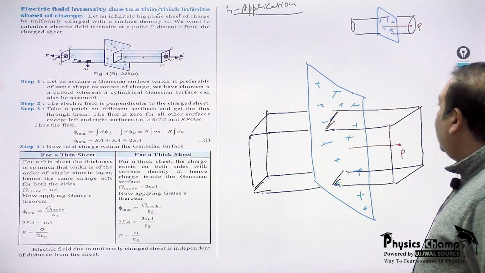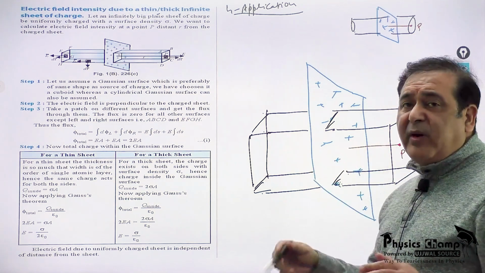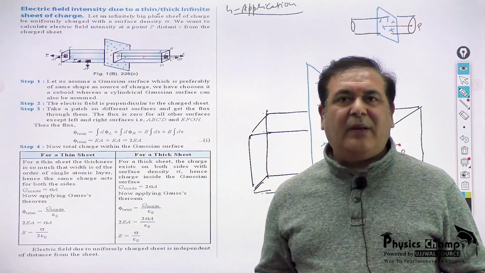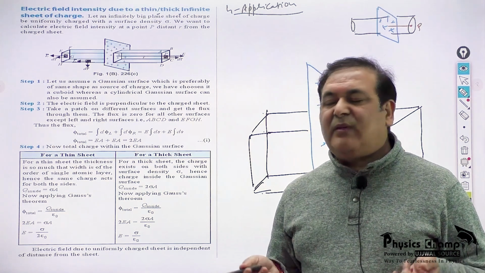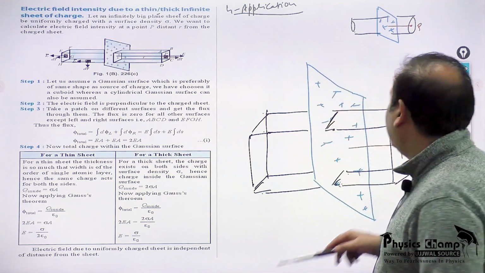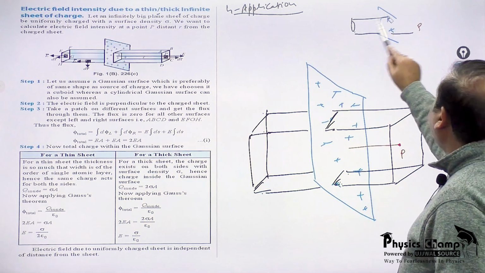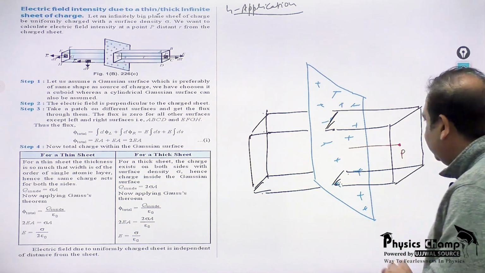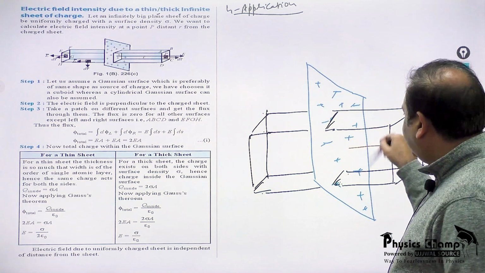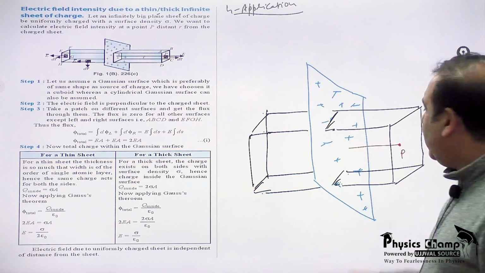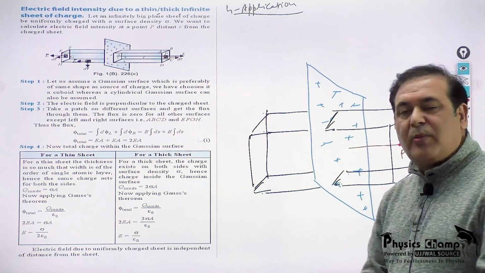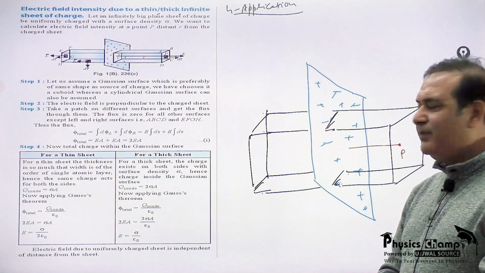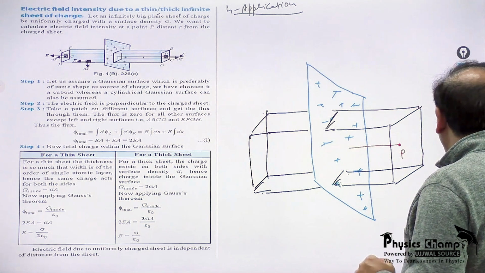But this is in accordance with what we have been saying since the very first application. The shape of the Gaussian surface should preferably be same as that of the source charge. Because the source of charge is a sheet, I have taken the Gaussian surface to be a cuboid.